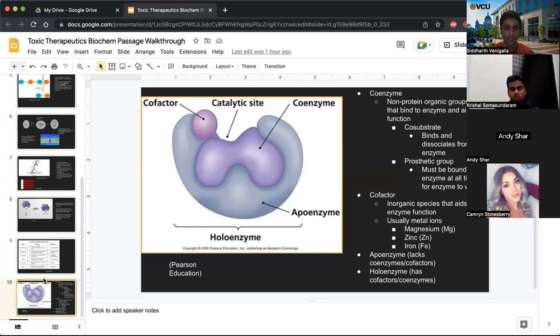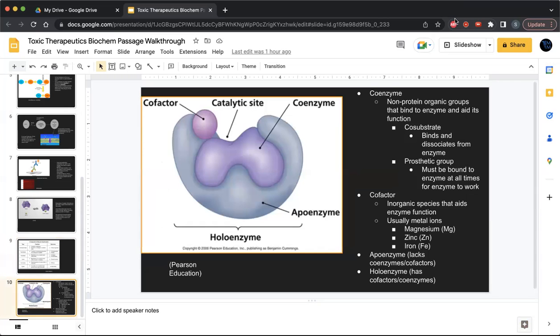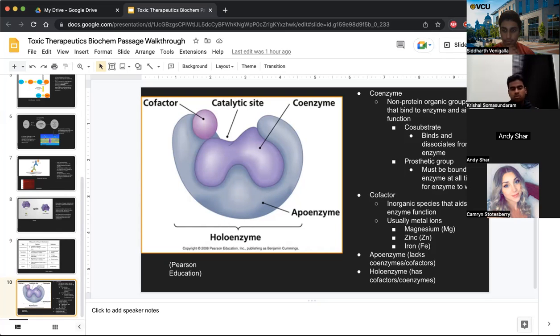Okay. And this one is also a review from previously. Can someone tell me what a cofactor is? It's an inorganic chemical or molecule that helps the enzyme do its function. Exactly.